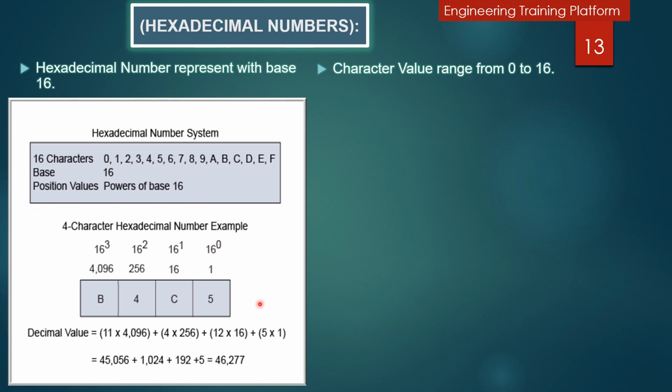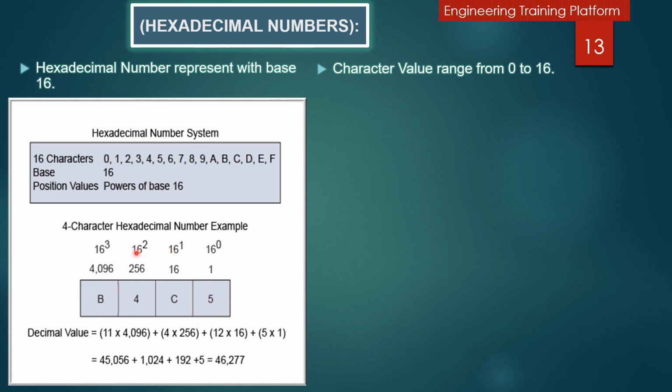Now I will give you an example with 4 characters of a hexadecimal number. If we have the hexadecimal number B4C5, B is the most significant digit and 5 is the least significant digit.